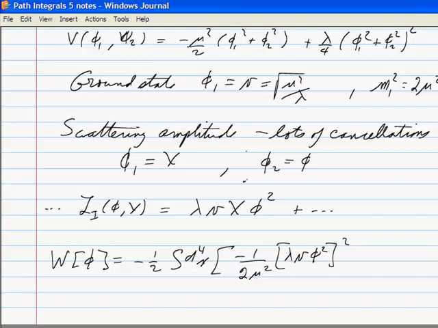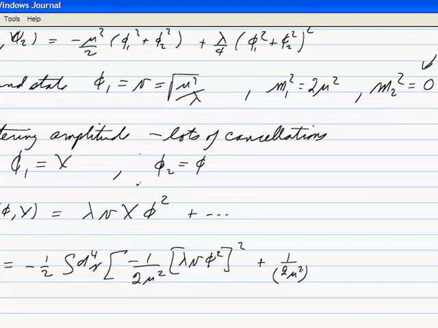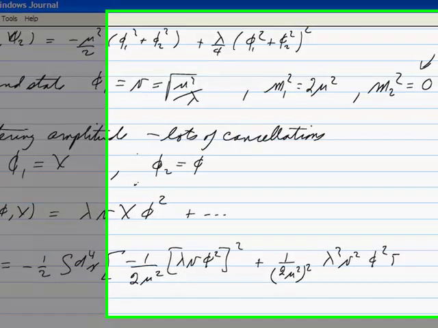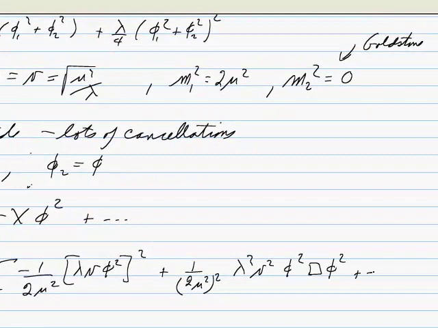Okay, so lambda v phi to the fourth plus 1 over 2 mu squared squared lambda squared v squared phi squared box phi squared. Okay, so what I've done is I've got a piece that goes like lambda phi to the fourth, and a piece that goes like phi squared box phi squared.